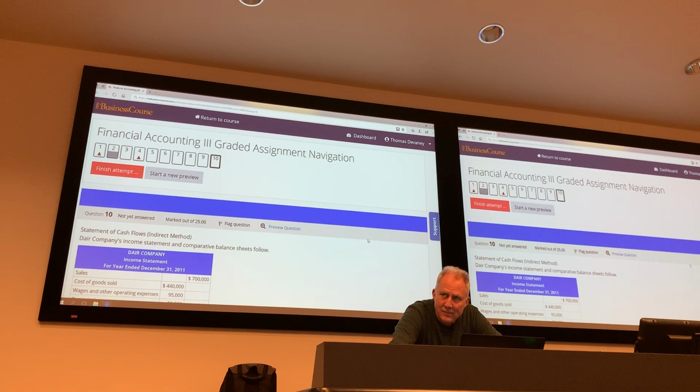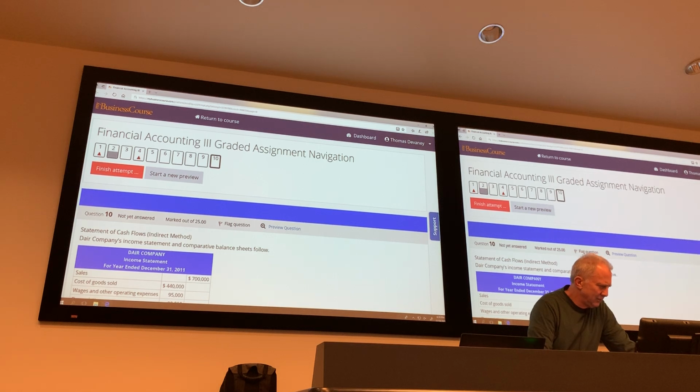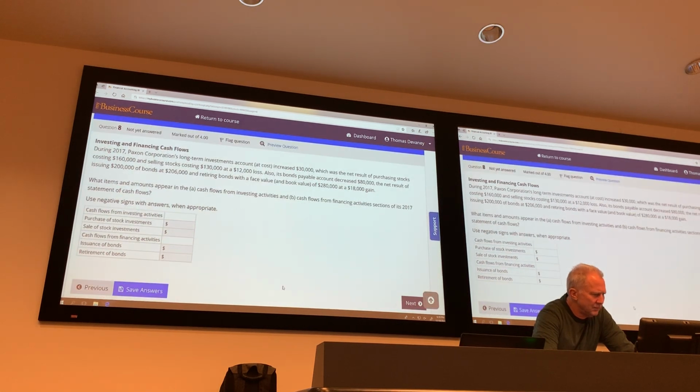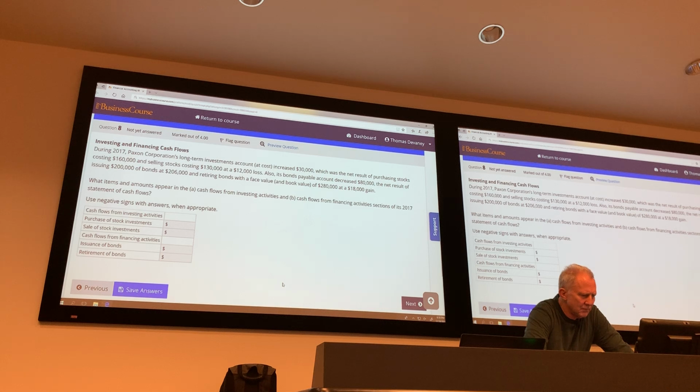I have a question. This could be in general, but it's the language I'm trying to process. For example, language in question number 8. I'm looking at the retiring bond statement again, and the last part of that sentence: retiring bonds with a face value and book value of $280,000 at an $18,000 gain.